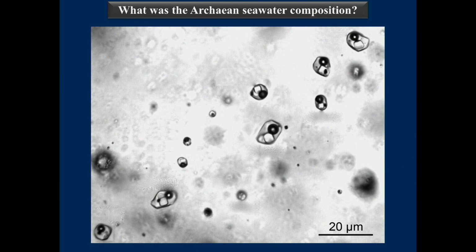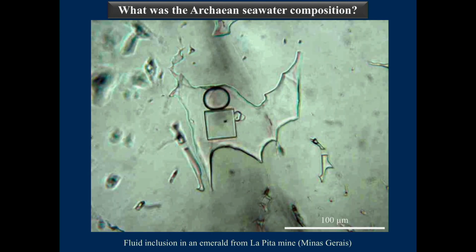Okay, quartz is not so beautiful, so this one is from an emerald, and there is an inclusion here. In the inclusion, we can find a salt crystal, a bubble of vapor, and water with salt.